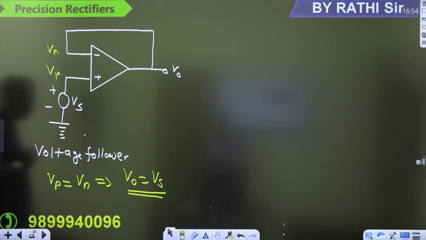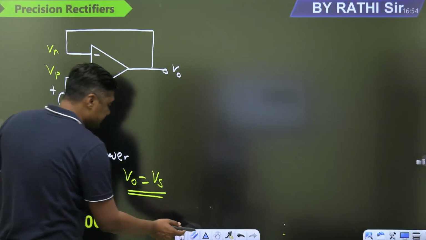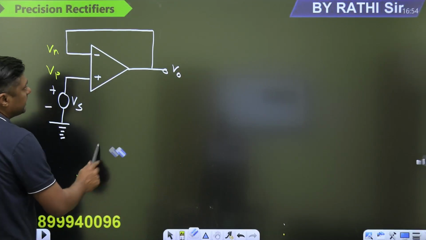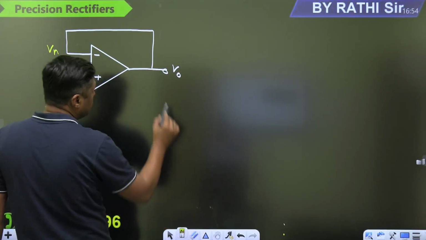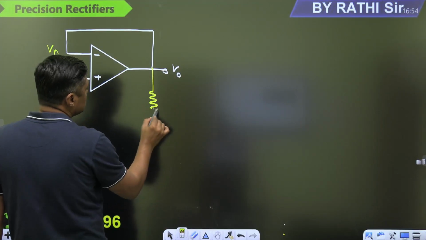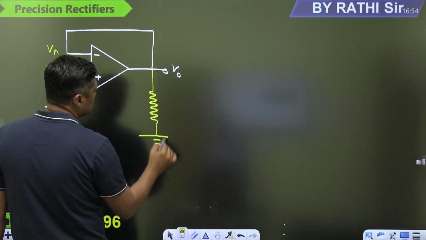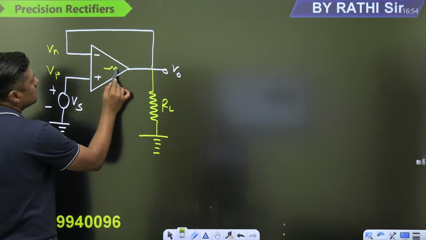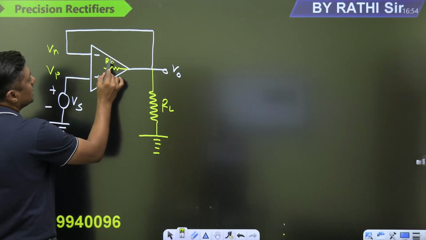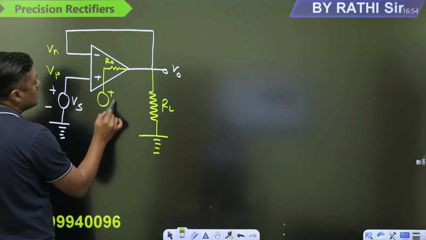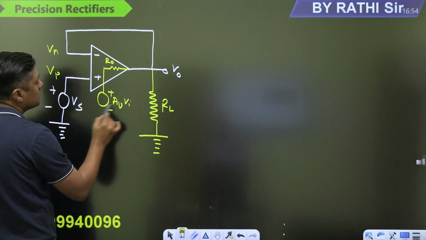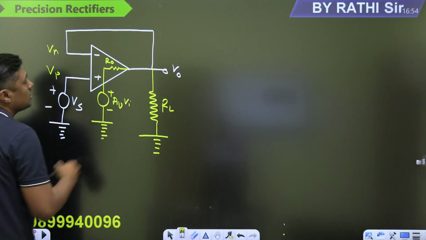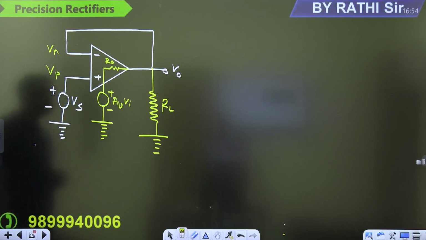If it is a voltage follower, let RL be connected here. With R0 and AVVI.